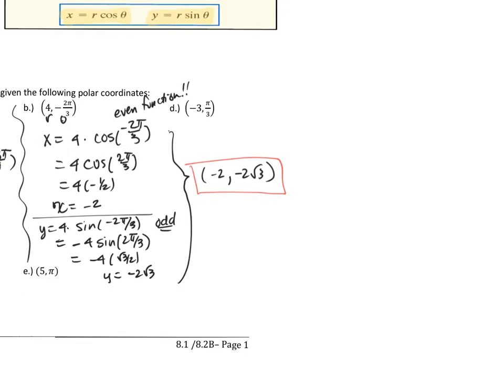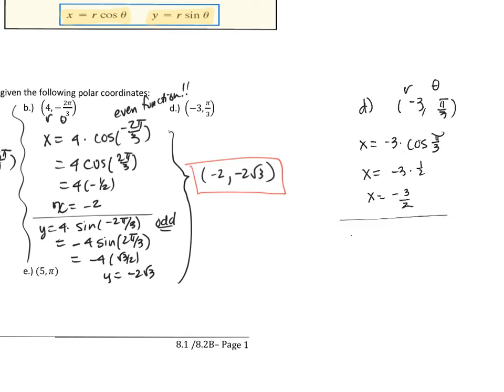Okay, so I'm going to just scoot over here for d. So I have an r of negative 3 and a theta of pi over 3. So we just chug along here. Our x is negative 3 times cosine of pi over 3, and that would be negative 3 times 1/2.